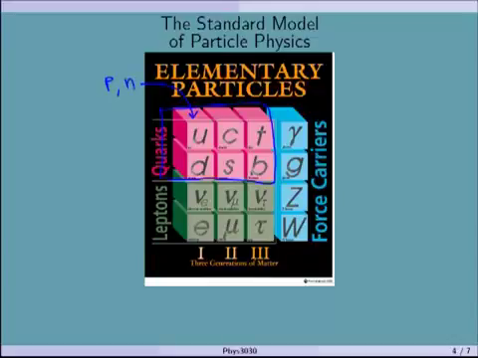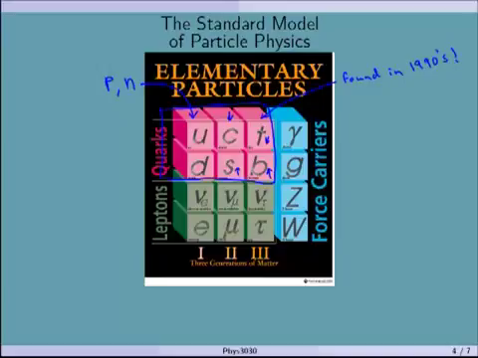All of the other ones are the charm quark, the strange quark, the top and the bottom quark. The top quark was only found in the 90s. It had been predicted for a while, but it wasn't found until the late 1990s. So this is pretty new science in a lot of ways. Those are the 6 quarks.